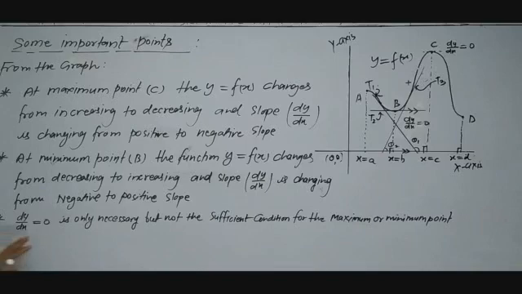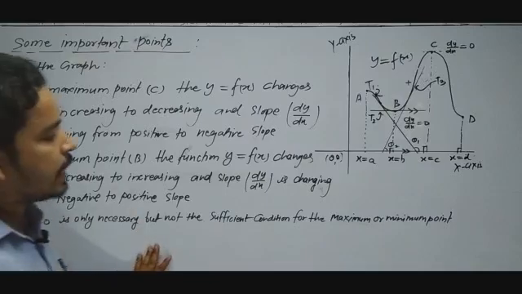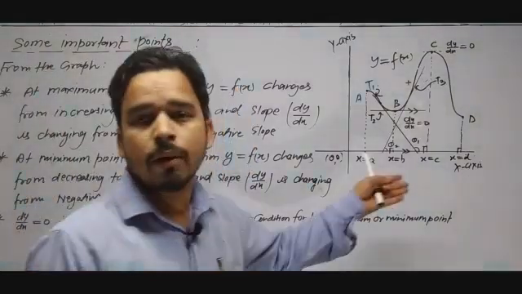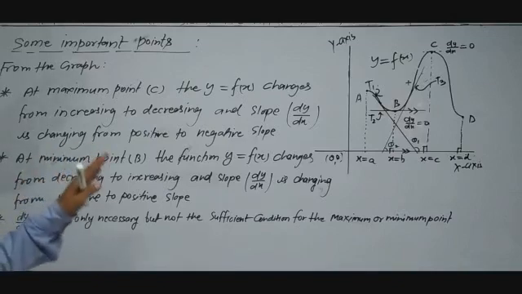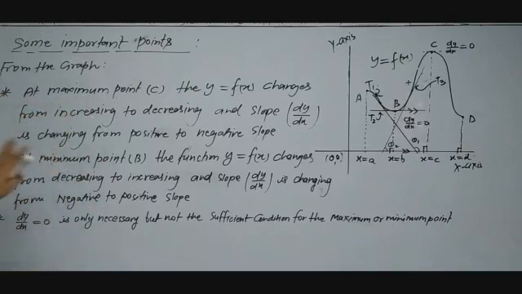So this is the explanation on the basis of slope for maximum or minimum points.